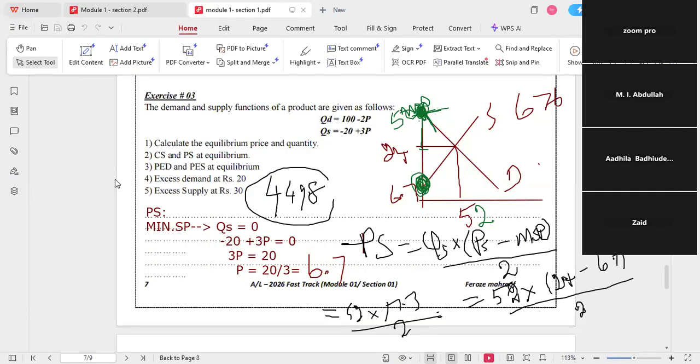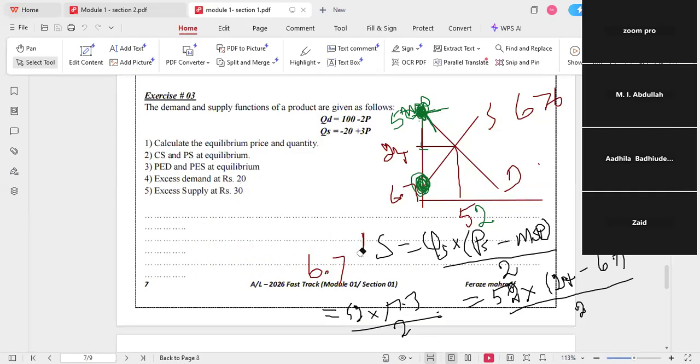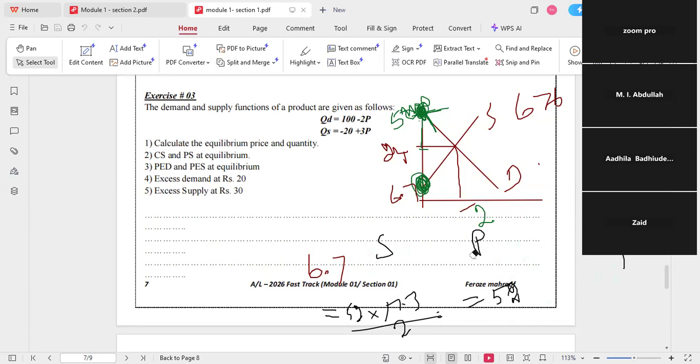Now let's come to the third part. In market equilibrium questions, you should first understand the regular type of questions. After that, we can do some additional cases in the model papers.